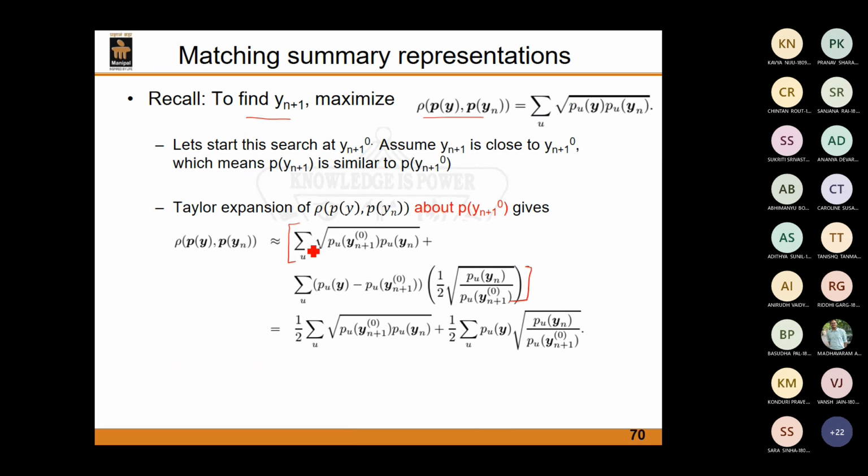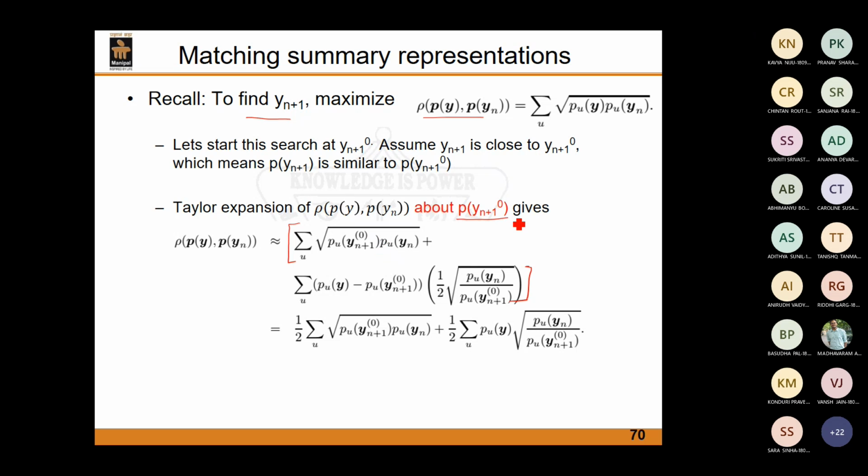When using the Taylor series expansion and taking only the first two terms, the expression that you get is this one, as shown over here. That is, the Bhattacharya coefficient is equal to sigma u root of p u y n plus 1 0 p u y n. Now what is this p u of y of n plus 1 0?